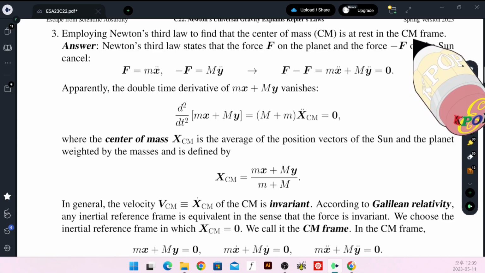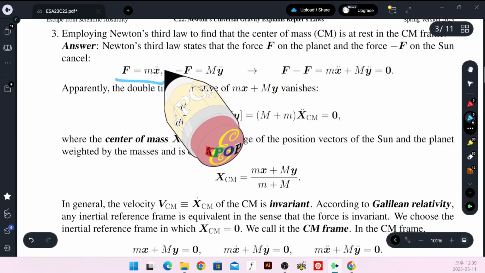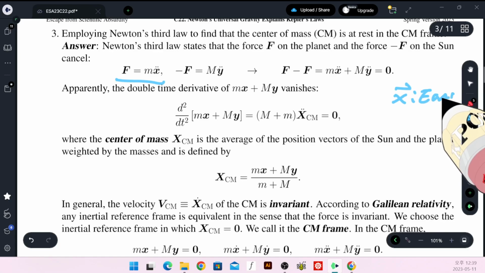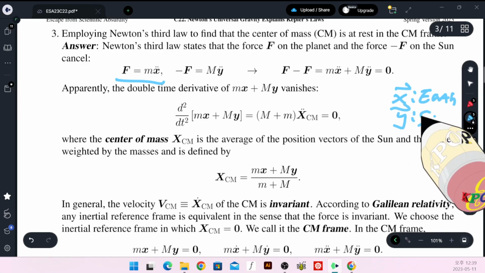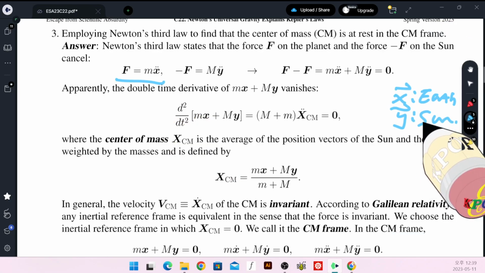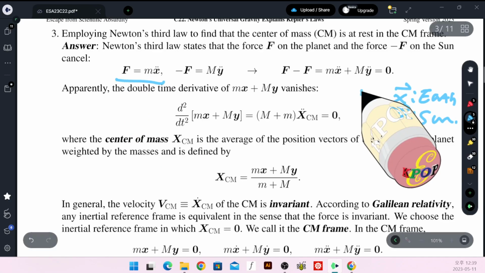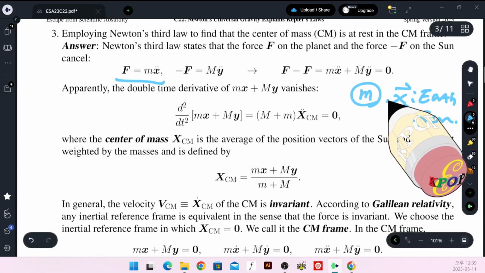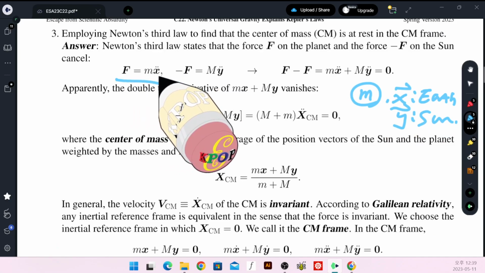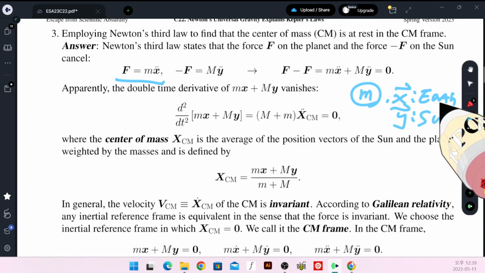Let's see. Newton's third law states that the force applied to the Earth, we have x as the Earth and y as the Sun. Okay, x minus y is the displacement from the Sun to the Earth, and the force applied to the mass m, that is Earth, placed at x, is the net force and is mass multiplied by the acceleration of this particle.